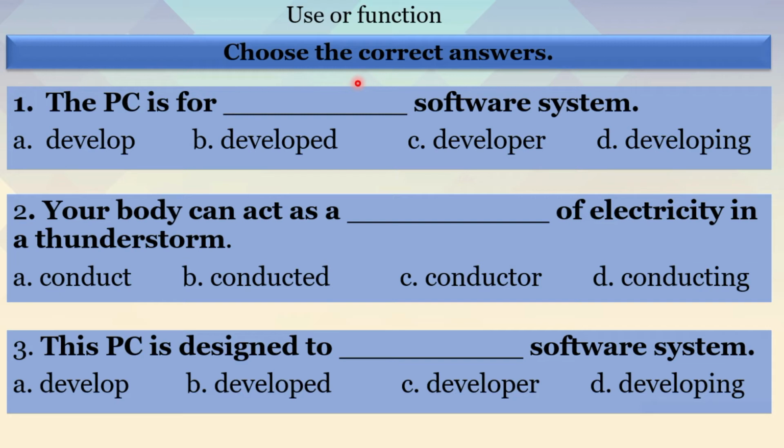Let's take the answers. Number 1, the PC is for. Okay, which structure is this? For plus verb with ing. Great. So we have for developing.